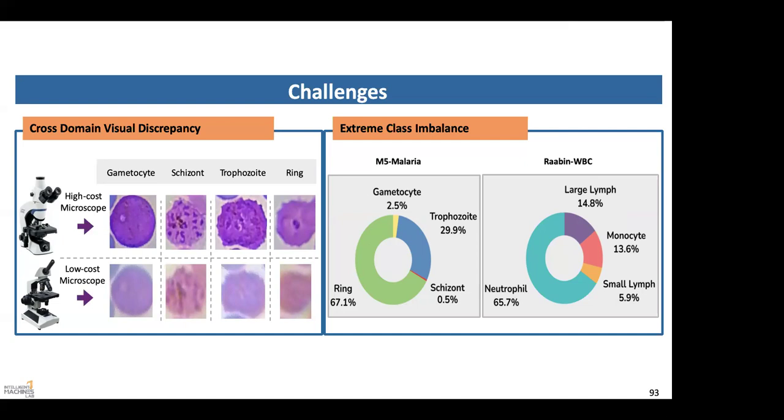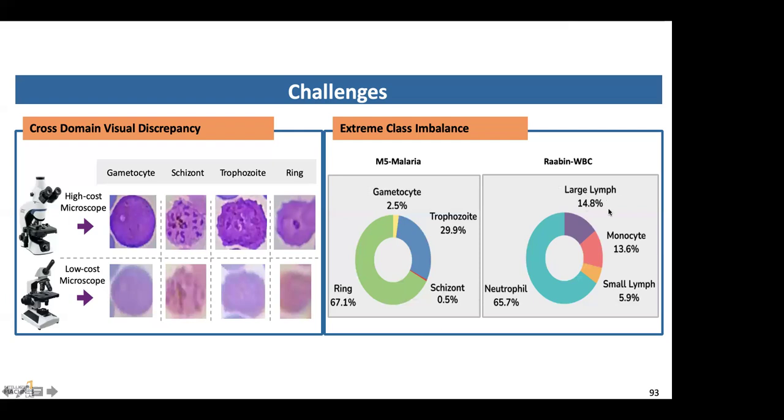We collected lots of patient slides, and we observed that the schizont stage occurs in only a few cells. Most of the cells that we found were the ring stage, then the trophozoite, and then the gametocyte. In the dataset we have maybe just 12 or 14, less than 20 schizonts.